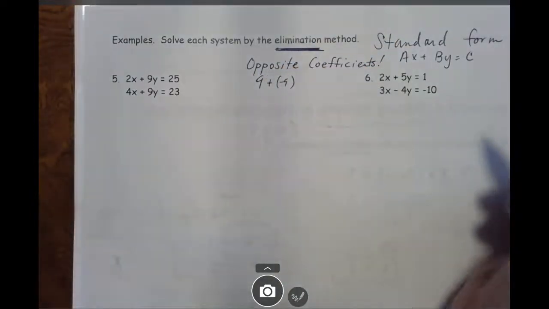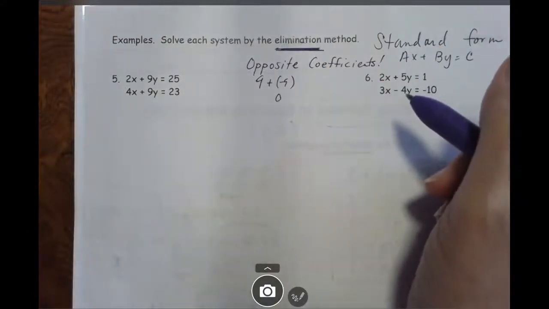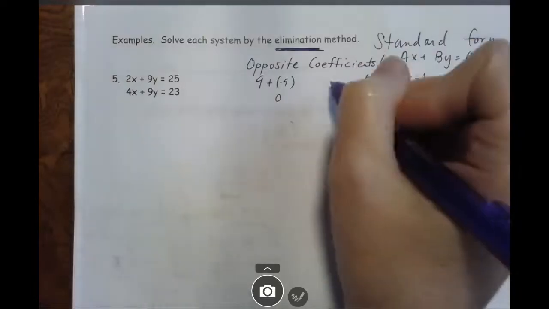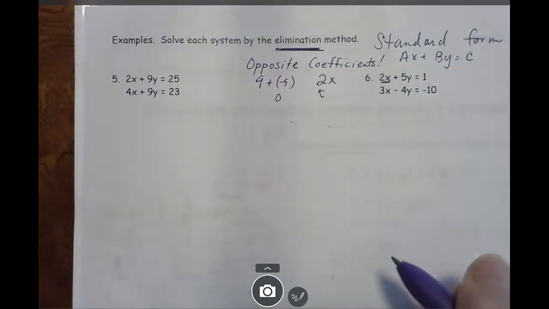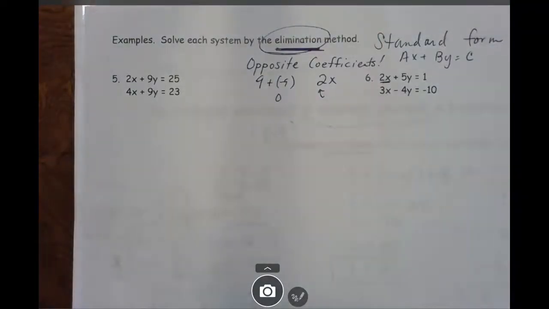Those are opposites, and when we add them, we get 0. Remember, coefficients are the numbers in front of the variables. So if we have, like this guy, 2x, 2 is the coefficient. So we need opposite coefficients in order for elimination to happen.